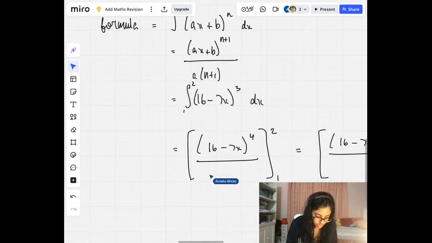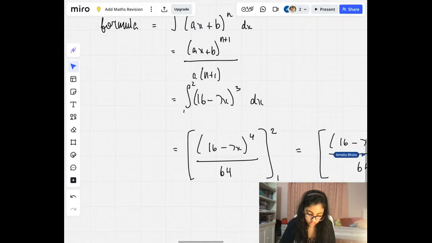So I'll just put that over 64. Then I'm going to put a minus sign and write back the term. And wherever I see an x, I'm going to put in my lower limit. Now, it's just like a function. Negative 7.